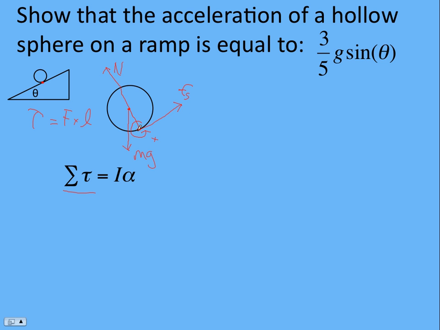How about the weight? Definitely part of the weight is applying a torque. And so the distance from where the weight is applied to the contact point is the radius of the object, so that's my lever arm. But the weight is not perpendicular to the radius. And so we want the perpendicular component.